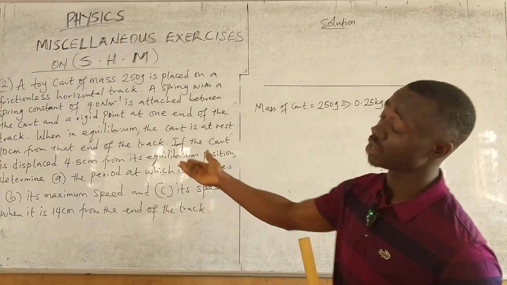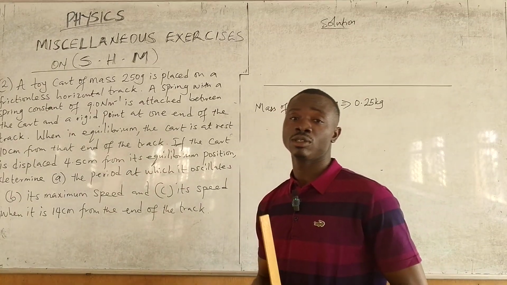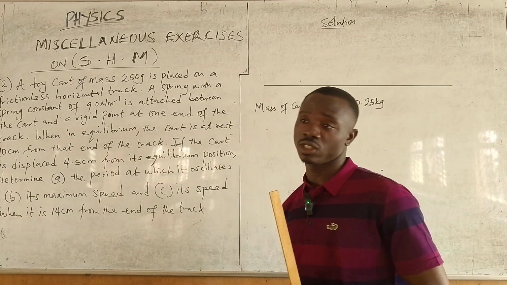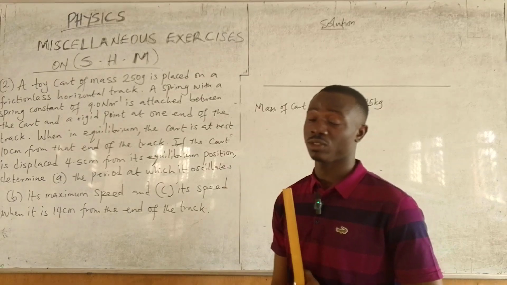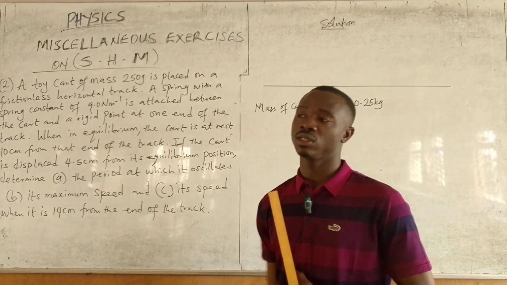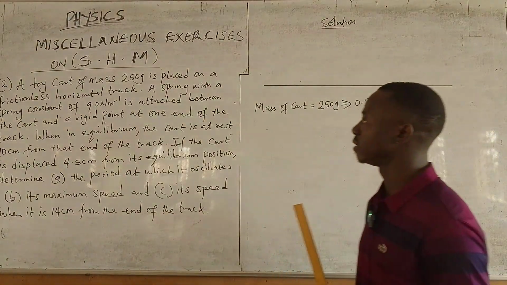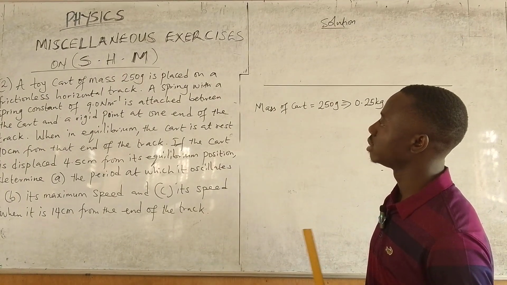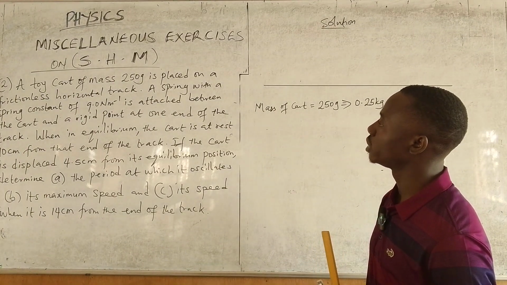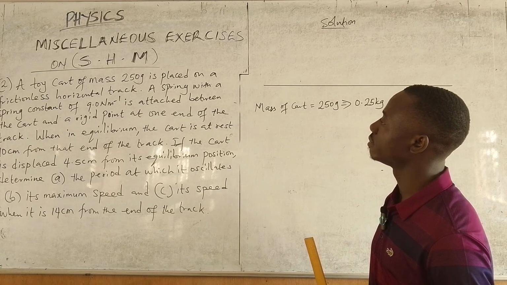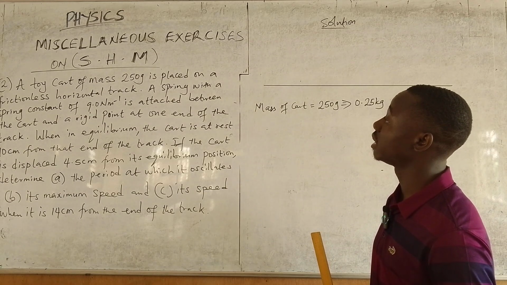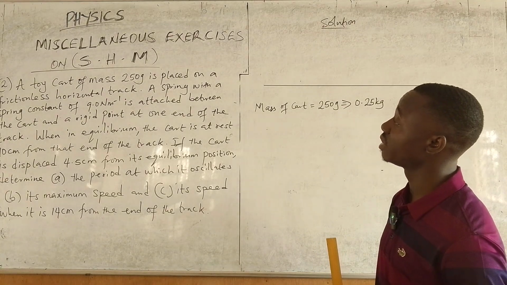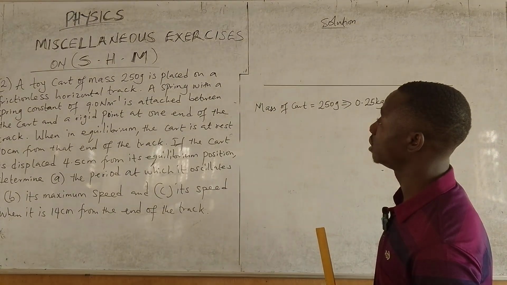Although I don't think we have anything like a horse here, your hand will be the one that will draw the cart this time around. So your hand becomes the horse that drives the cart. But we are told that a spring with a spring constant of 9.0 Newton per meter is attached between the cart and a rigid support at one end of the track.